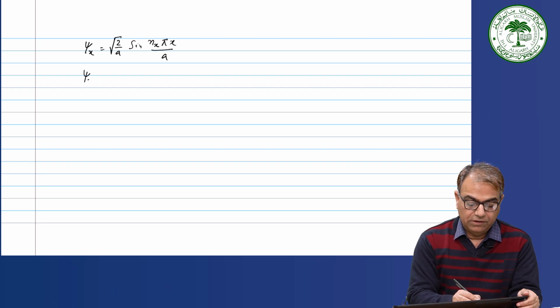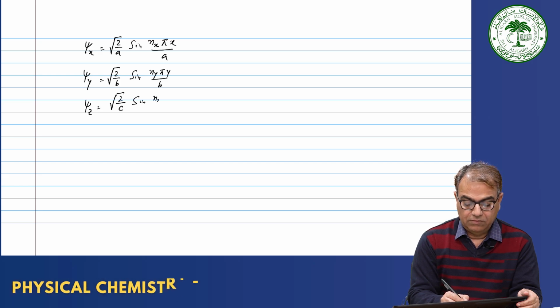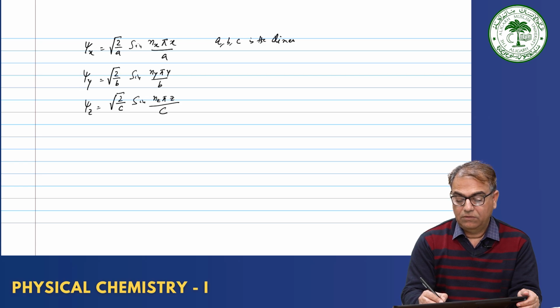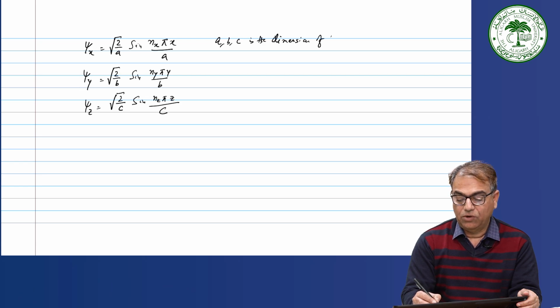Then your psi y will be root 2 over b sine ny pi y divided by b, and then psi z will be root 2 over c sine nz pi z divided by c, where a, b, c is the dimension of the box.